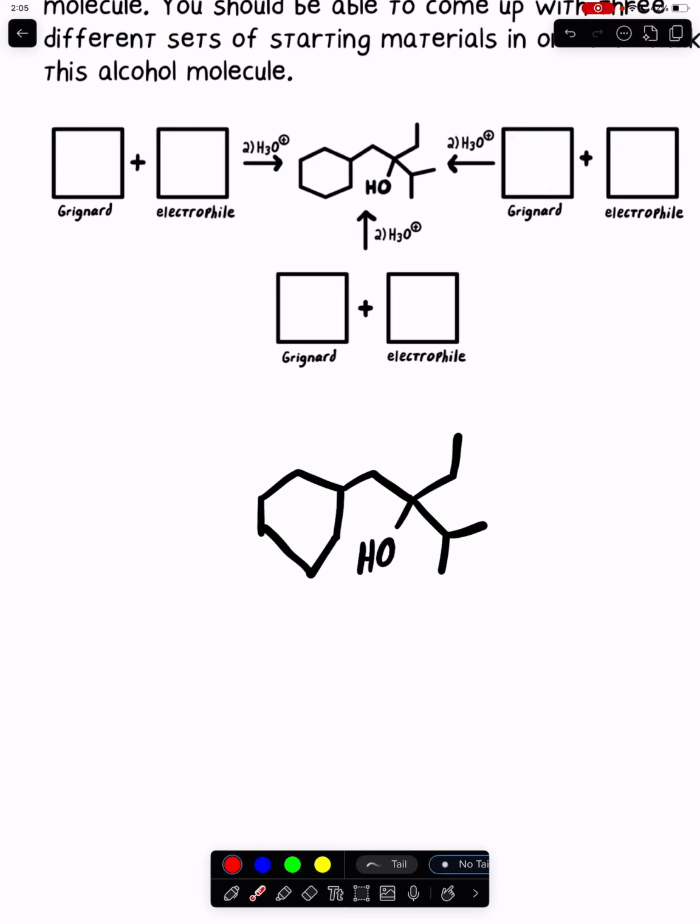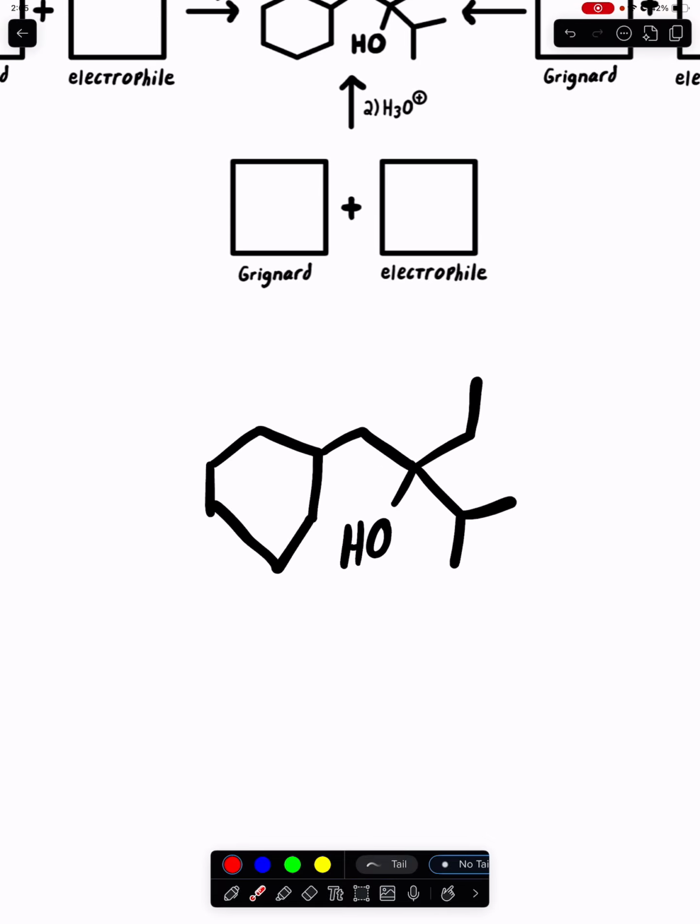When we look at this structure, it's a tertiary alcohol. We know that this bond here at one time was the carbon-oxygen double bond of the ketone until something came in and reduced it.